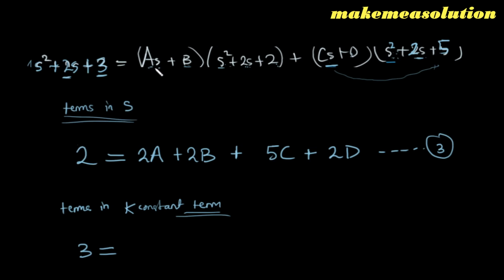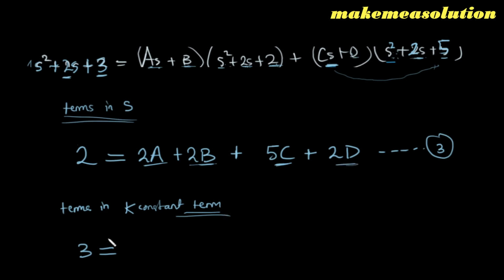Then for a, s times this term over here will give me my 2a. Then my b is b times this second term, which will give me my 2b. Then for c, you have c times this last term, giving you 5c. Then you now have what? d times this second term, giving you 2d.